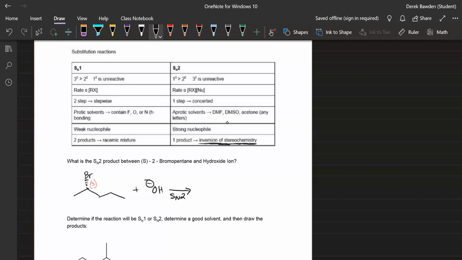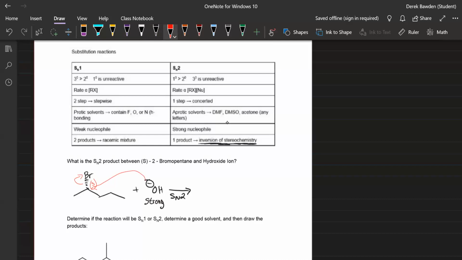So what happens is because SN2 happens in one step, your strong nucleophile is able to come in and attack from the opposite side of your leaving group, and then your leaving group leaves, okay?